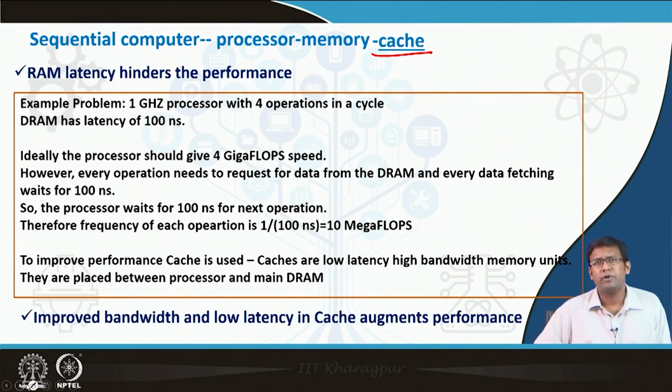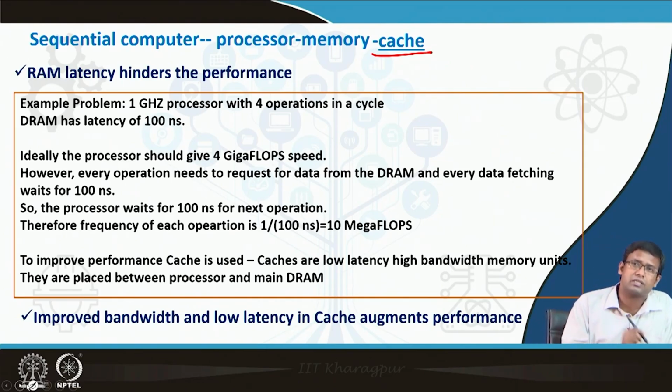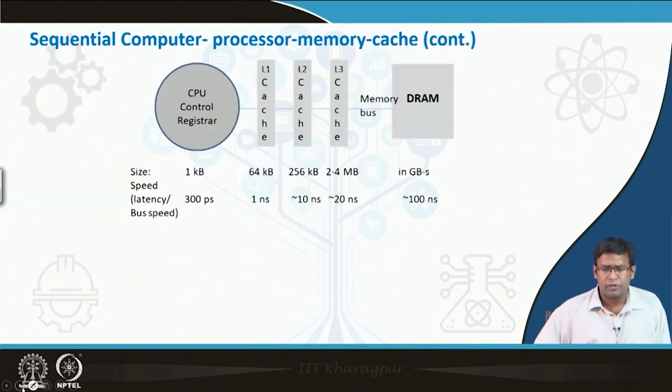Caches are extremely important in order to estimate the performance of a computer. So a sequential computer architecture is not a processor-memory arrangement, rather it is a processor-cache-memory arrangement.